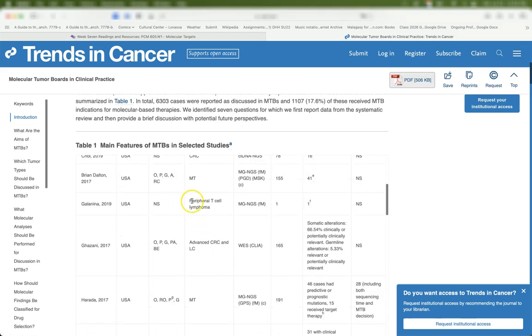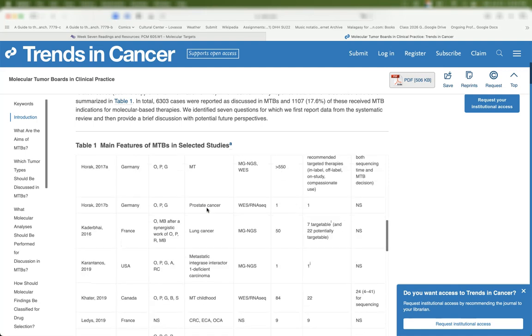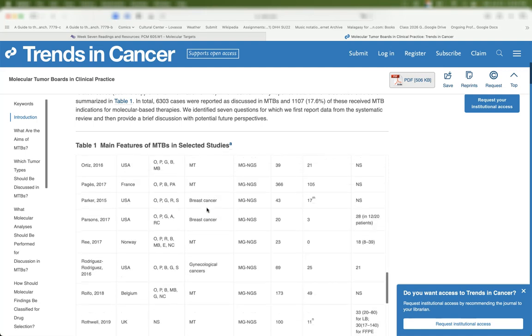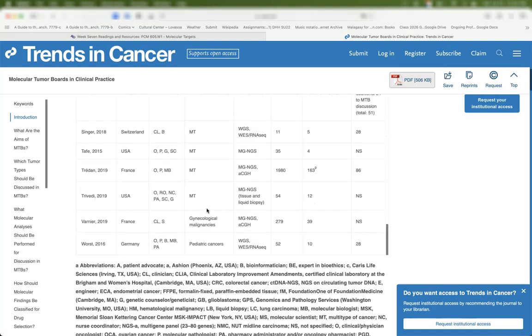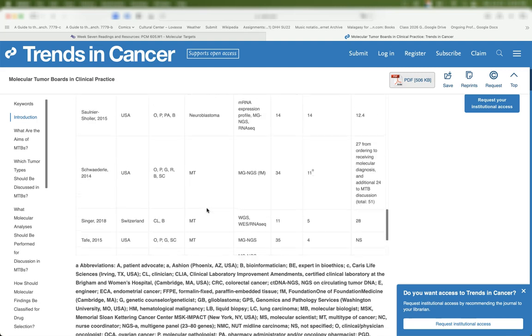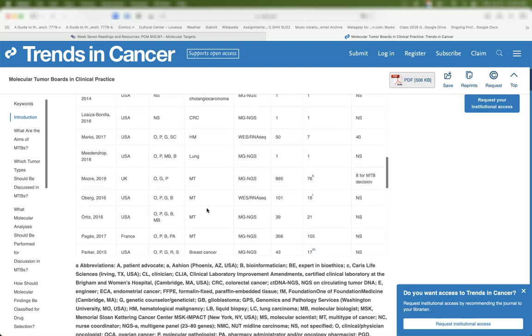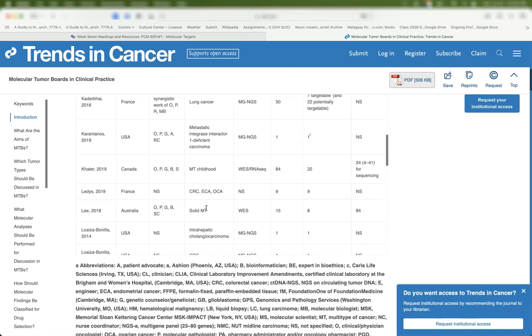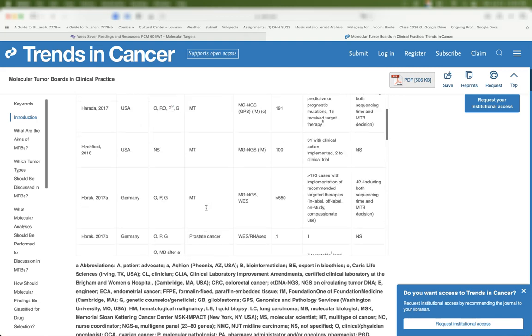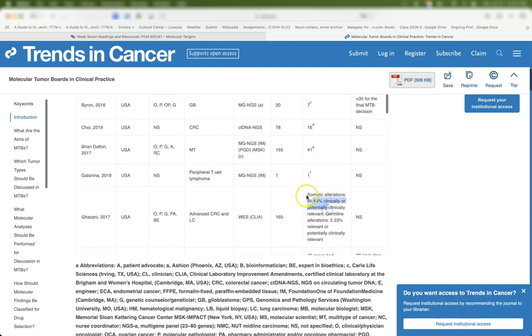So for example, if you were to take peripheral T-cell lymphoma, well, lymphomas can lead to tumors, but if we were looking at leukemia on this list, then probably not. So just make sure as you're looking at this that it is something that tracks with the requirement that we be looking at tumors here. So now here, they're talking about a large percentage of clinically or potentially clinically relevant things.